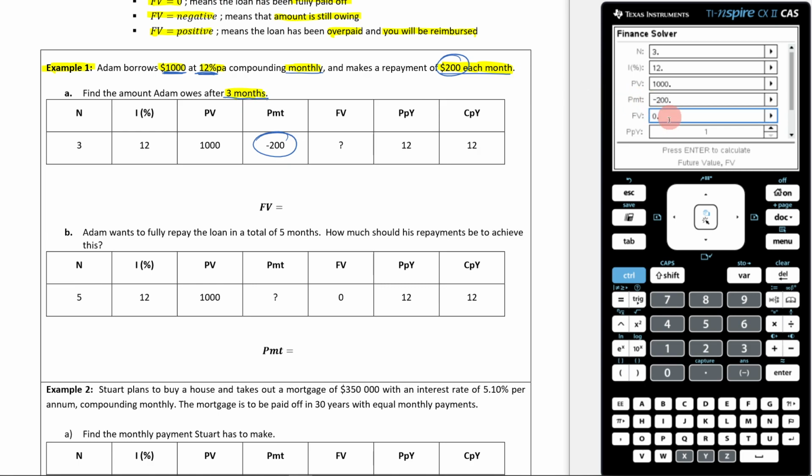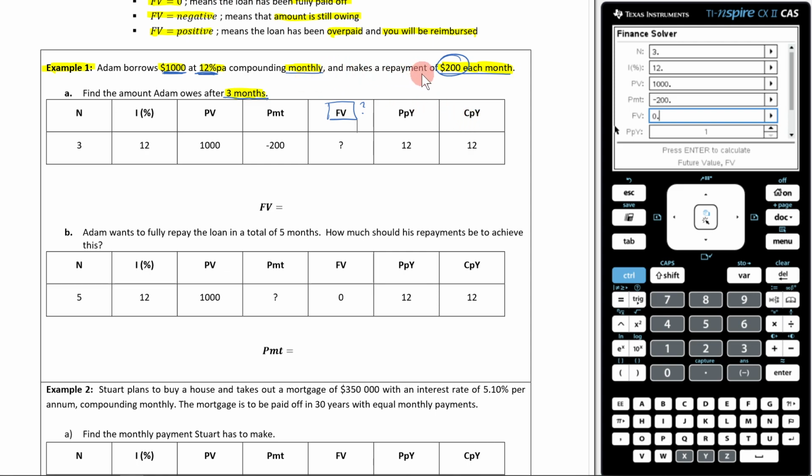What's the future value going to be? Now, read the question carefully. It says, find the amount Adam owes after 3 months. We don't know what the future value is. That's why we'll put a question mark there. This is what we're trying to figure out. We do not know it. My PPY and CPY relate to how often it's compounding and how often you're making the repayments.